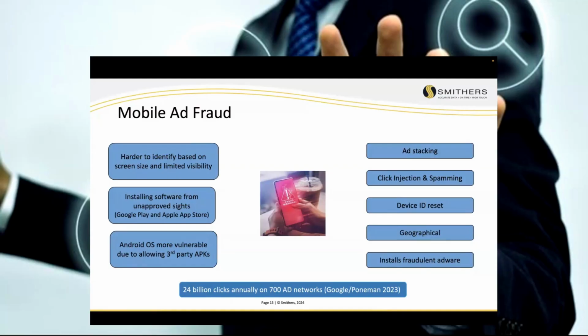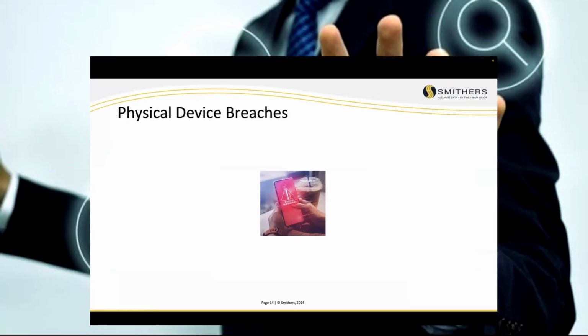But basically about 24 billion times, we will click on about 700 of the best and widely known ad apps in the ecosystem across all devices. So this is both Droid as well as iPhones. So we're doing a lot of clicking. I would offer in many cases, think before you click. It's kind of like clicking on an email, spear phishing, think before you click.